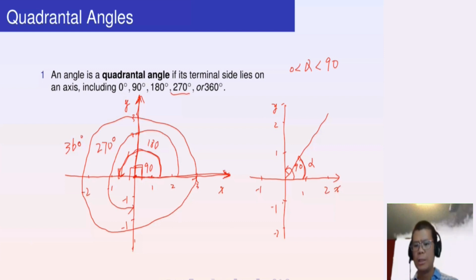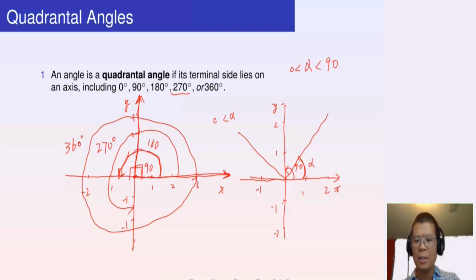Okay? So for an angle ending up in the second quadrant, that's going to be between what? Alpha is greater than 90, but less than 180. Very good. So if an angle ends up here, then alpha is greater than 180 but less than 270.